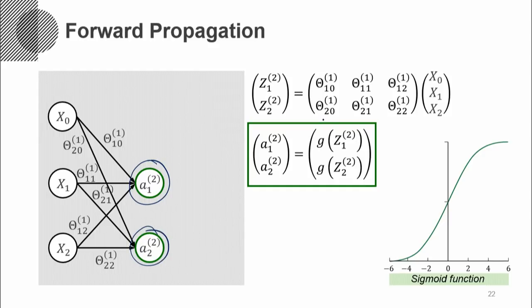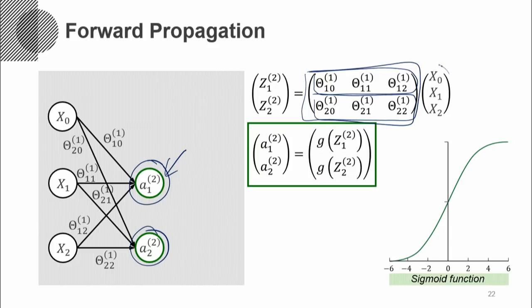By using the matrix notation, we can construct the matrix that contains all the coefficients, where the first row corresponds to the weights to generate the first node, and the second row contains the weights corresponding to the second node.